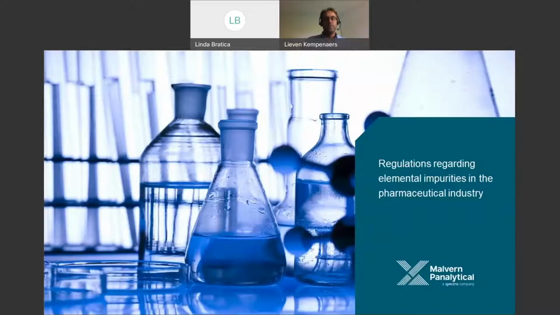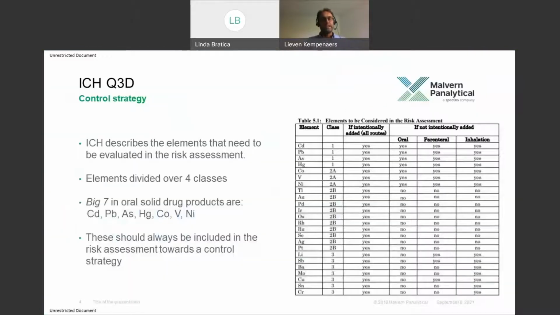Okay, so let's first look at some of the regulations. When I start at the ICH, they describe the elements that need to be evaluated in a certain risk assessment that you do. And on the right-hand side, you see the column of all the elements in a certain class.